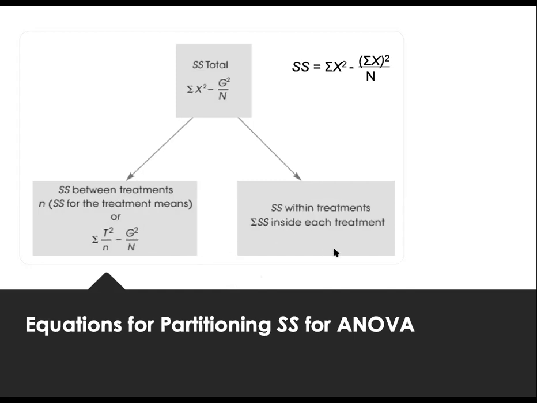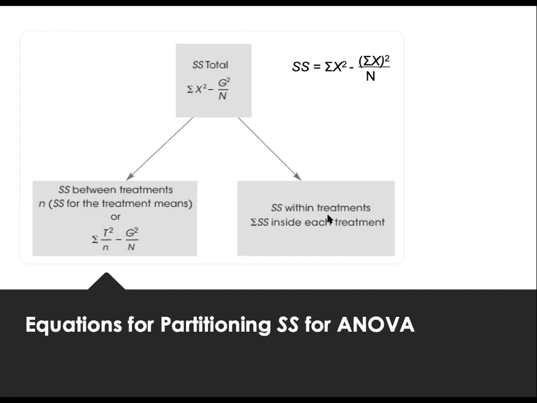And sum of squares within is the sum of squares inside of each treatment. So we're gonna go over these in an example, but I want to point out here, sum of squares within treatments is something we already calculated.